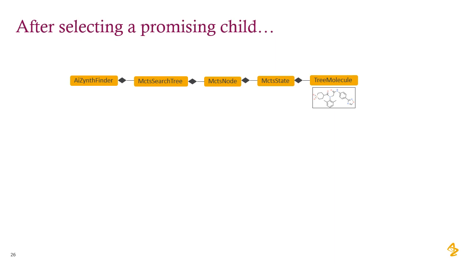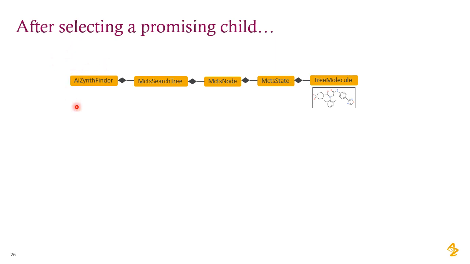So let's look at what objects we have in memory, what classes have been instantiated after we select the most promising child. This is the last bit that we will look into in the Monte Carlo tree search. So these were the classes that we had at the very start, before we started the one iteration.